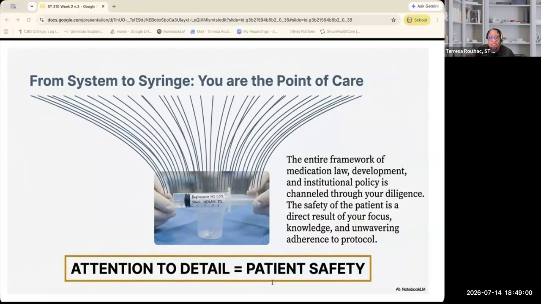And now look at the center of that image. That's where the medication reaches the point of care. That's where we, as CSTs, become part of the safety system.